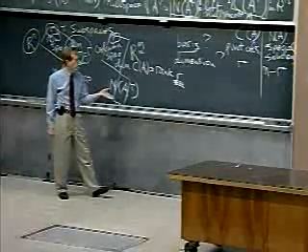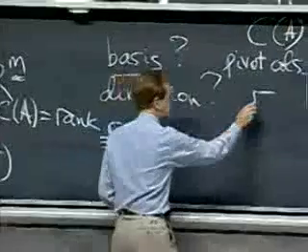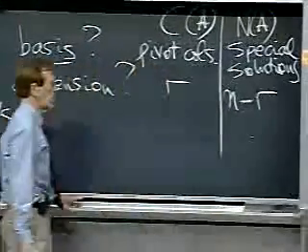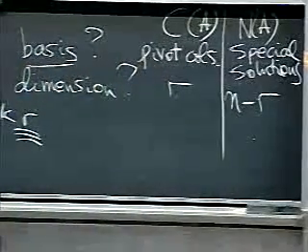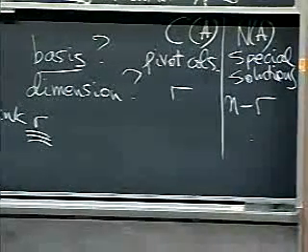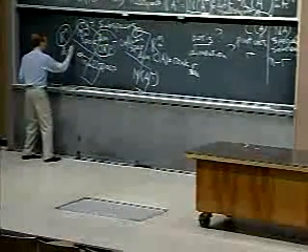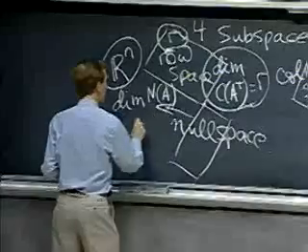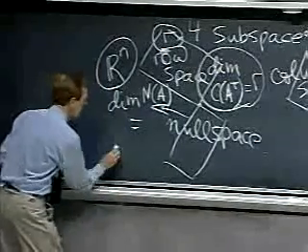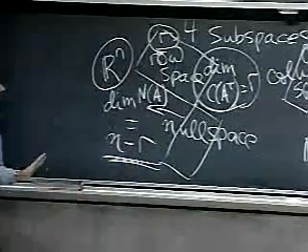Here r is the number of pivot variables, and this is the number of free variables. The beauty is that those special solutions do form a basis and tell us immediately that the dimension of the null space is n minus r. I'd better write this well because it's so nice. Do you see the nice thing?